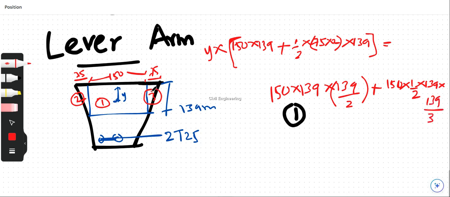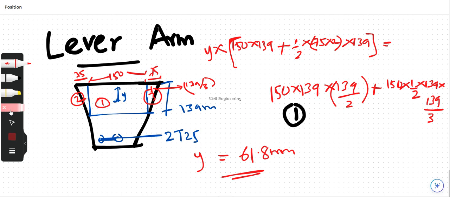It means this is the depth for this rectangular section, that is 139 over 3. That's the depth of the centroid of this rectangular section. Okay, here we can find y. The answer is, we can take it as 61.8 millimeters. You can find this y by using this equation.